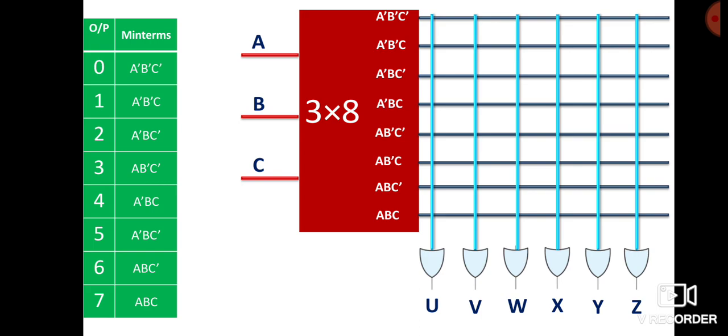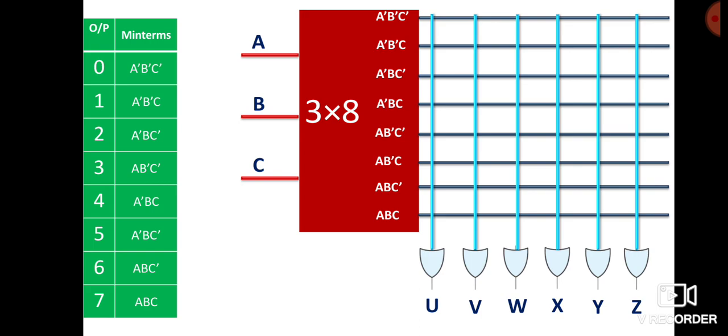Okay, so with the green table, I have represented the minterms. The minterms are associated with particular outputs of the decoder, like with the 0th output of the decoder, the minterm selected will be A bar, B bar, C bar.